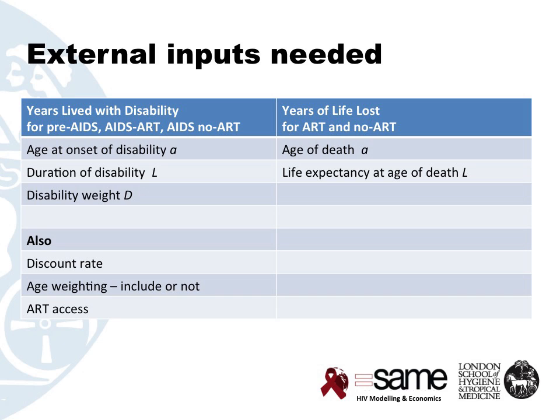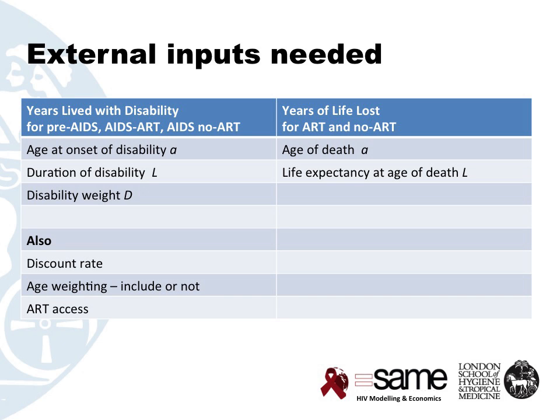Then at death, there's age at death and life expectancy at age of death, because you are then thinking about how many years of life you have lost relative to a given standard. You also need to use a discount rate to be able to make calculations between these DALYs occurring at different times.